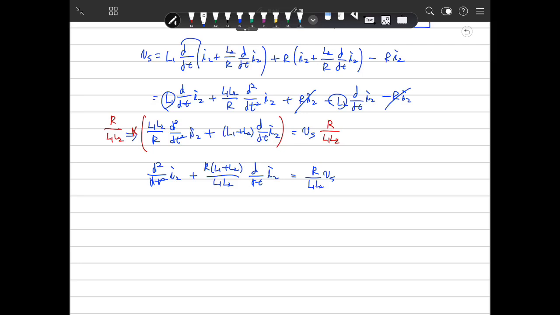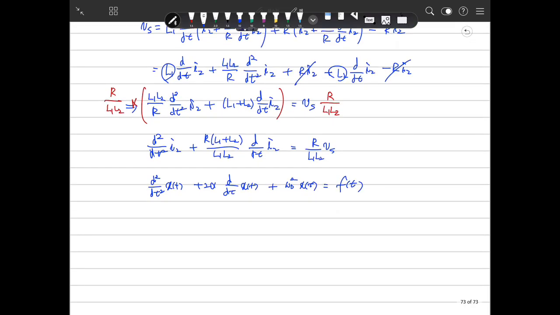Compared to the standard form of variables, d squared x/dt squared plus 2 alpha dx/dt plus omega 0 squared x will be f(t) here.